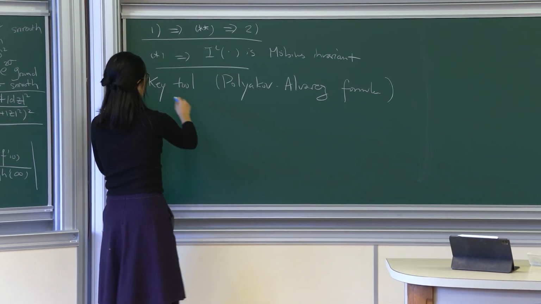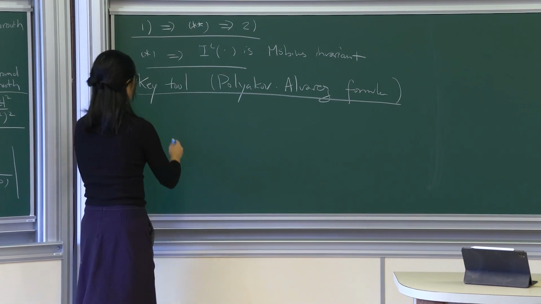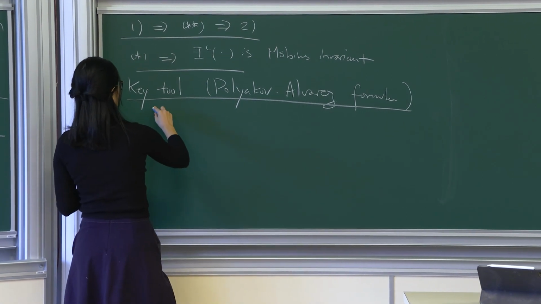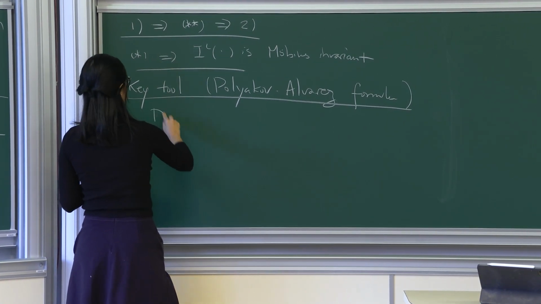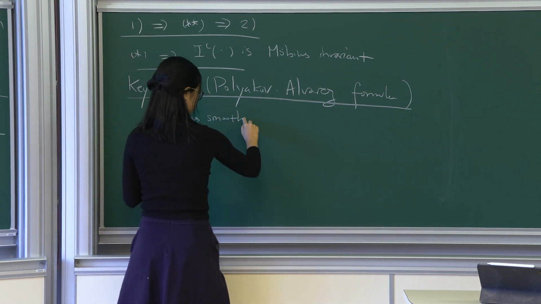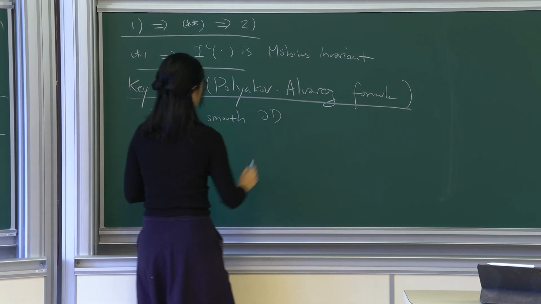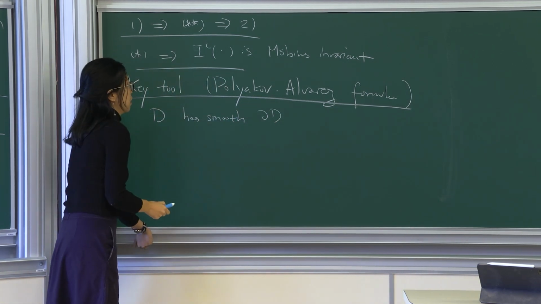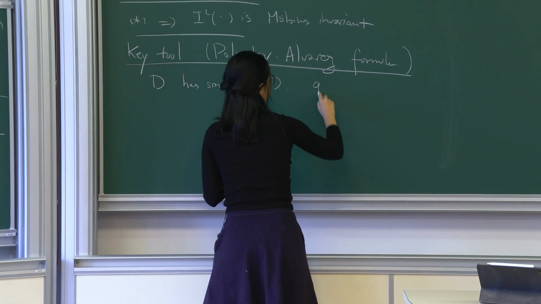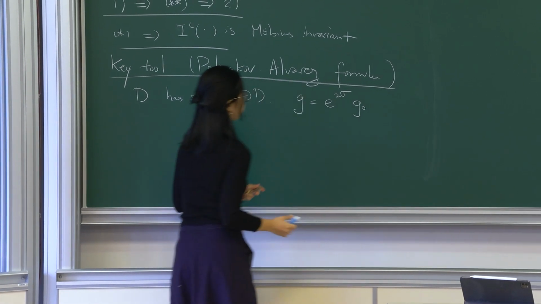So there will be two cases. Let me state first the case where the domain D has smooth boundary, so everything will be smooth. And I have two metrics, g equals exponential 2 theta times g naught.